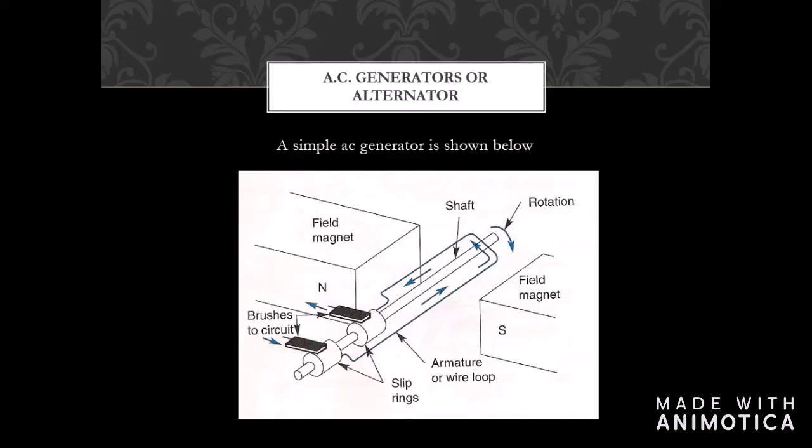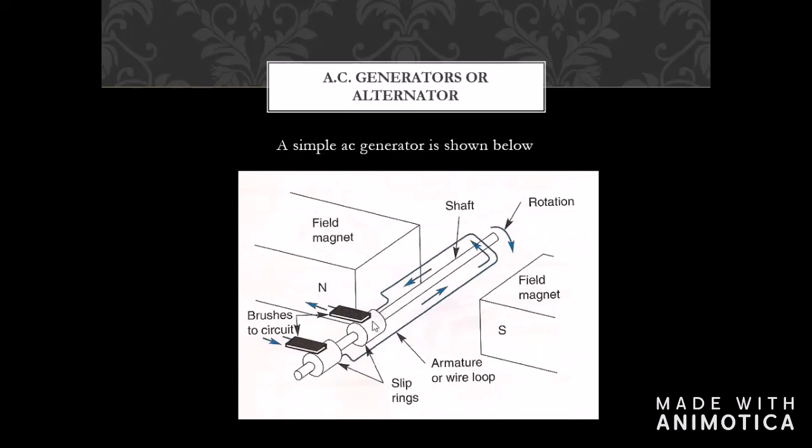But if you create a coil where that conductor has many turns, it will multiply the rate at which the voltage is induced into the coil. So this armature coil is being spun between the magnetic lines of force, and voltage is being induced in the coil.